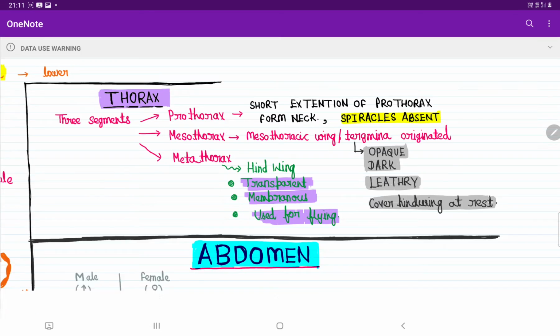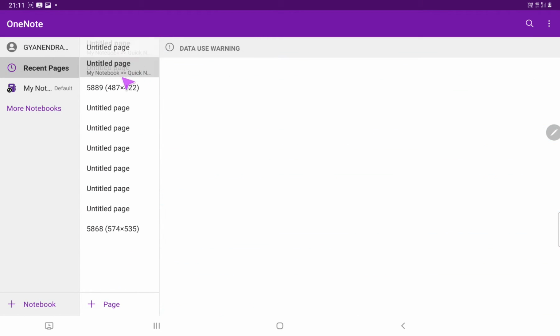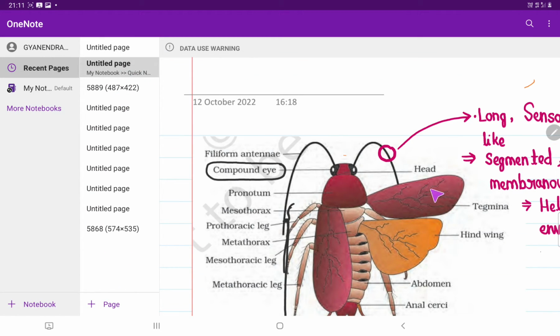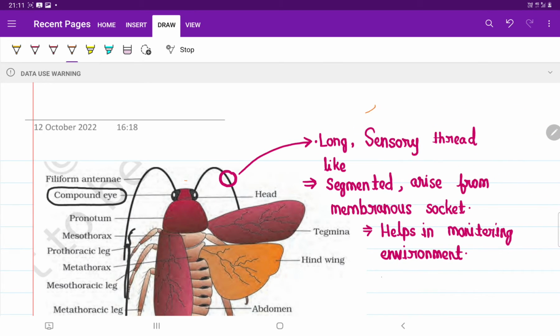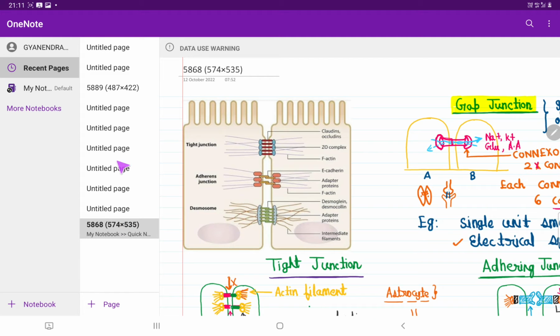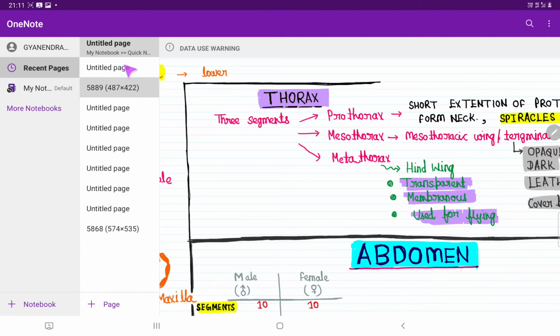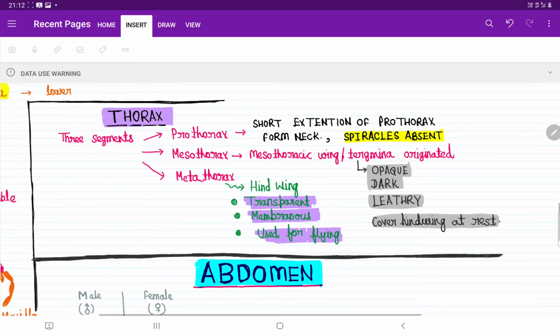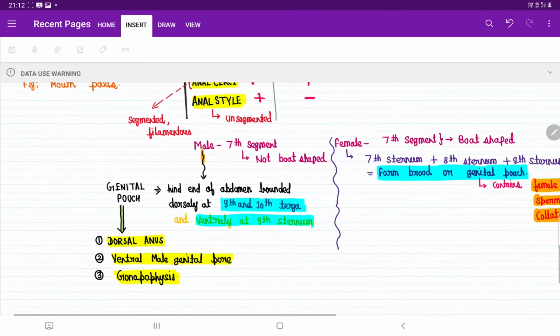Let's come to that diagram, please. NCERT diagram. See, this is tegmina. Thick it is, leathery it is, opaque it is. The second one is transparent, thin, delicate, and it is used for flying. Fine, students?